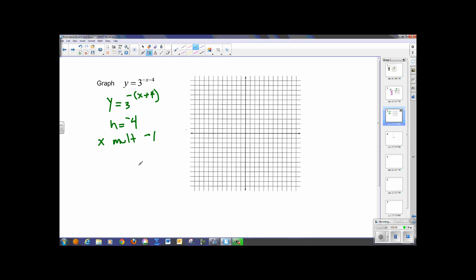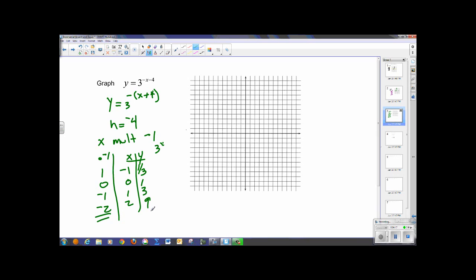So again, I look at that parent function of 3 to the x again. -1 is 1/3, 0, 1, 1, 3, 2, 9, except now I'm going to multiply all my x's by a -1. So this gets me a +1, a 0, a -1, and a -2.